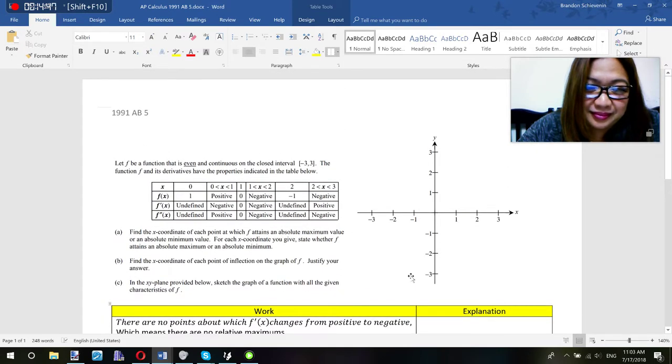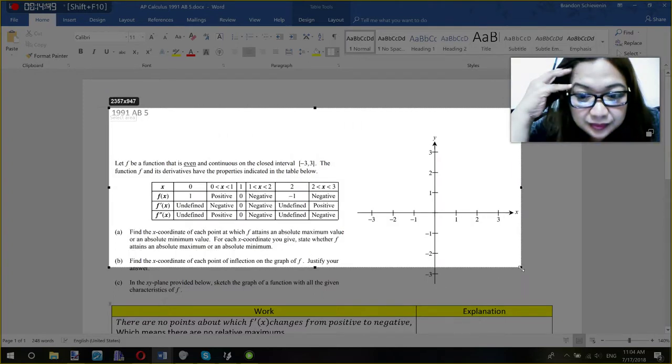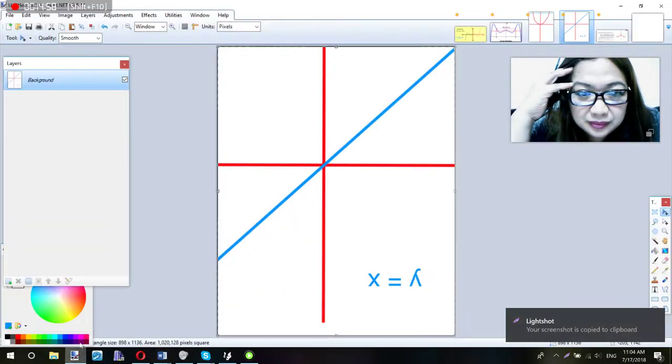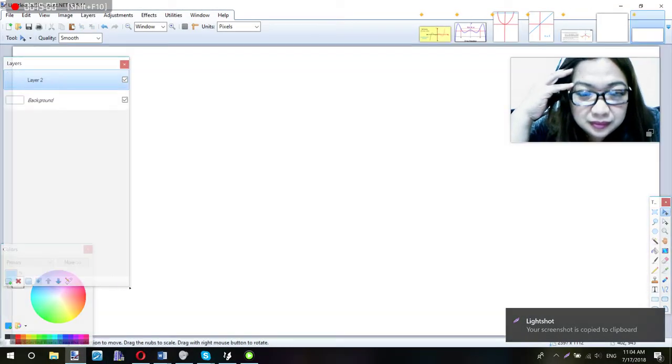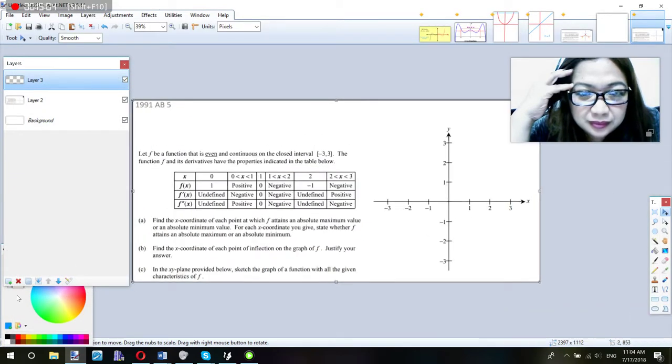So I'm going to take a picture of everything and we'll graph together. Okay. So we're told to sketch the graph below. So I'm going to graph all of the points that we know for sure first.